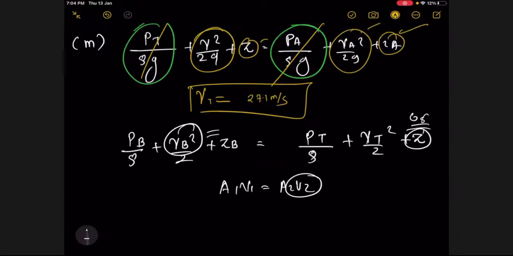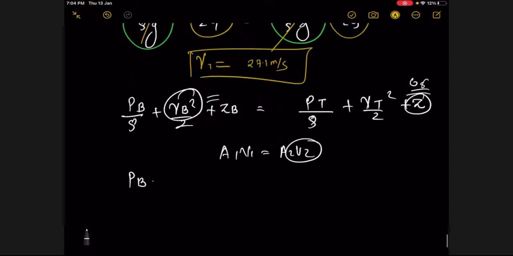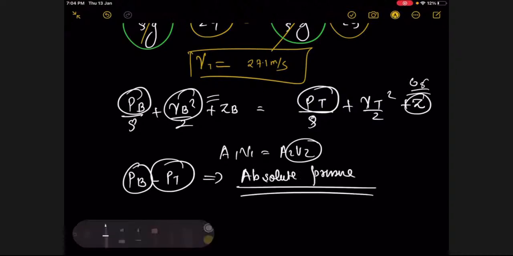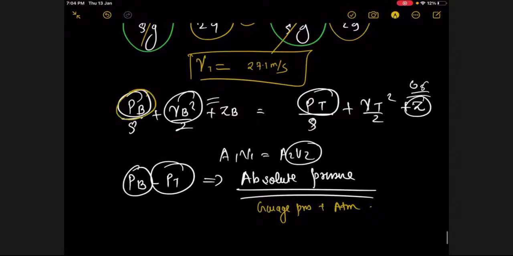Once you calculate the velocity at B, you can calculate PB minus PT. Here PB and PT are always absolute pressure. What is absolute pressure? It is gauge pressure plus atmospheric pressure. So PB is gauge plus ATM, PT is gauge plus ATM.